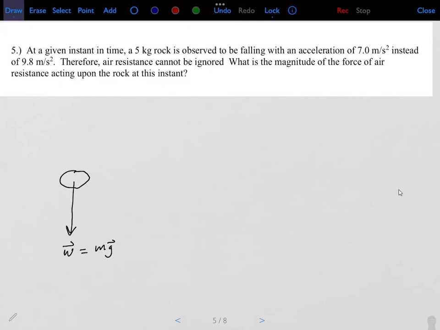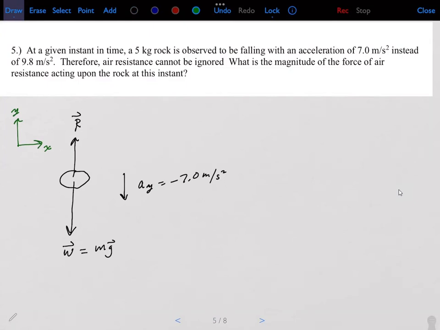I'll call that R. And we know that this thing is accelerating not at 9.8 down, but at 7. So I can say AY is negative 7.0 meters per second squared, because I'm assuming that y is positive upward. So that means my acceleration is going to be -7.